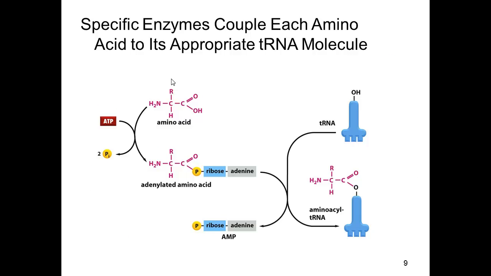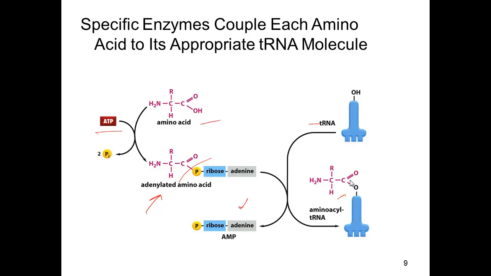The process of connecting an amino acid to a tRNA molecule, a pure tRNA molecule, is done by enzymes, which we'll see on the next slide. It utilizes ATP to make an activated adenylated amino acid, and this portion is then cleaved off as it is connected to the tRNA molecule, and this energetically pays for this otherwise energetically unfavorable reaction.